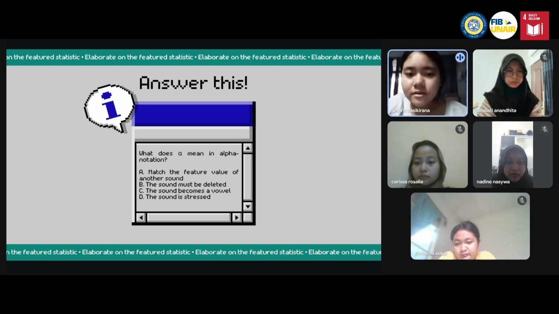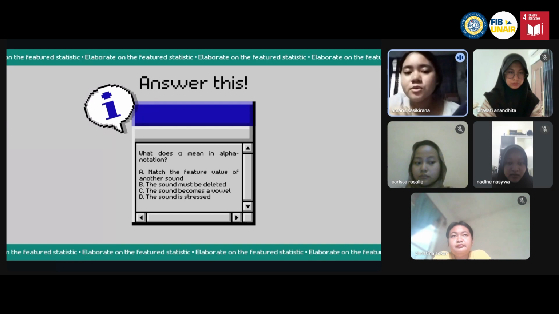As I explained earlier, alpha's job is basically to match the feature value of another sound. So when we want two sounds to share the same feature, we have to identify if a consonant is positive or negative for a feature, whether it's ant or cor.